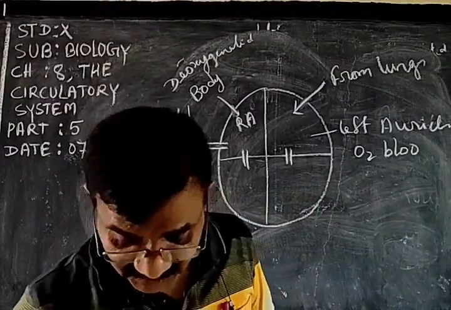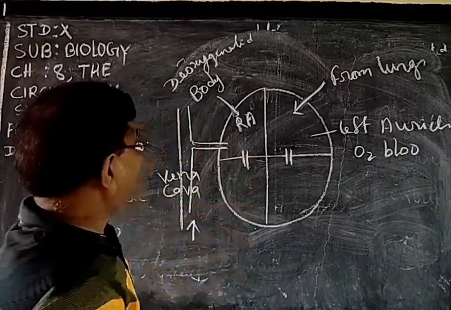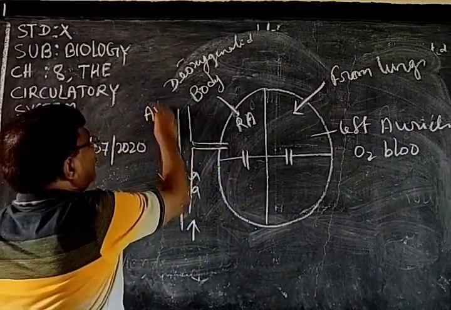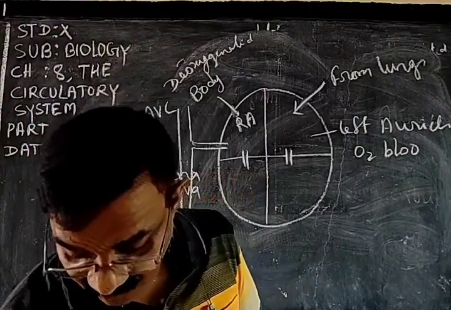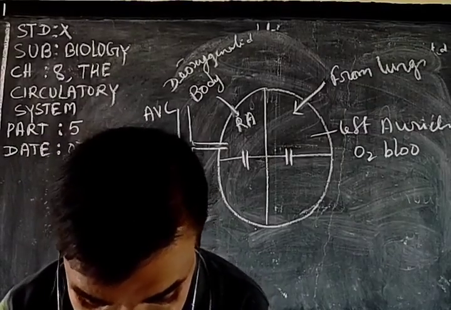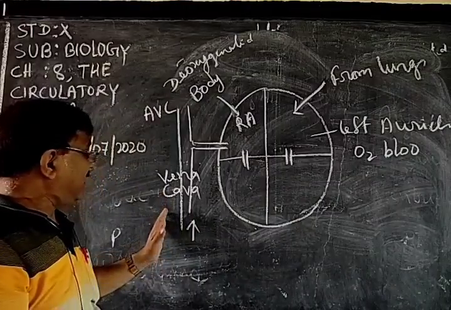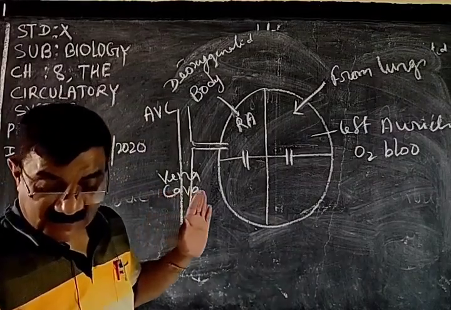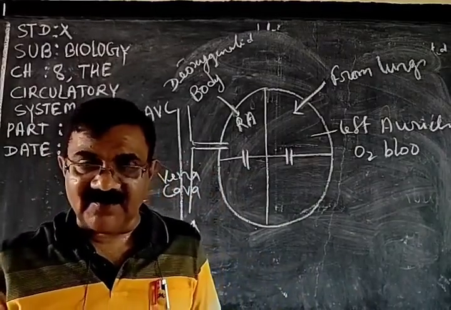So what is the name of the vena cava which is coming from the upper part? Anterior vena cava, also called superior vena cava or precaval. And the lower one is called inferior vena cava or posterior vena cava.